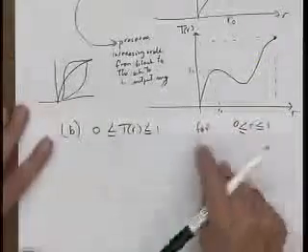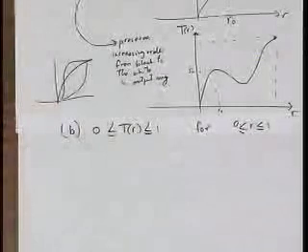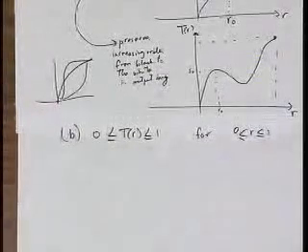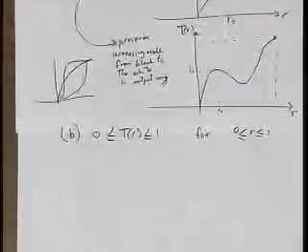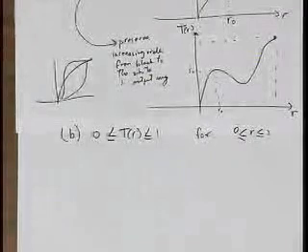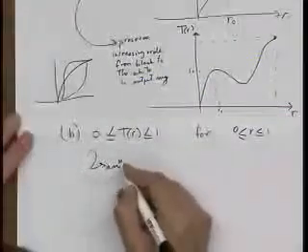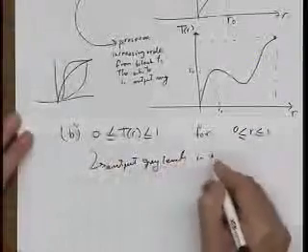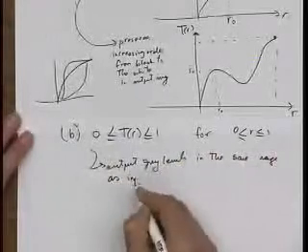Well, if the input intensity R ranges between 0 and 1, we want the output intensity S, which is T of R, to also vary between 0 and 1, because we want the output gray levels to be in the same range of intensity values as the input levels.